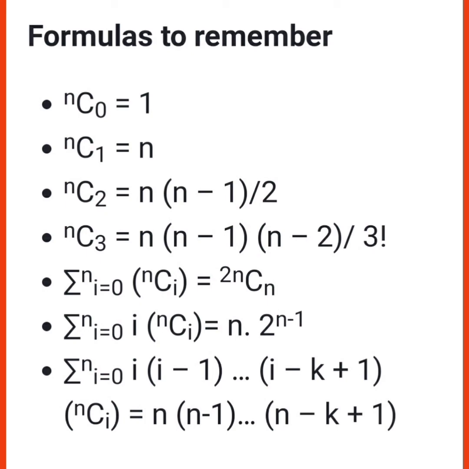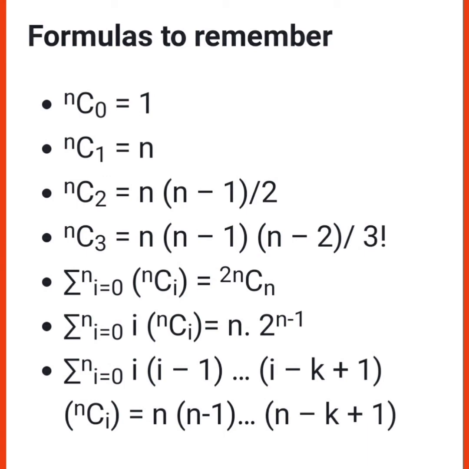Similarly, if you sum the binomial coefficients, namely the sum over i = 0 to n of nCi, that will be equal to 2^n. And when you consider the sum over i = 0 to n of i nCi, you will get the answer as n 2^(n-1).